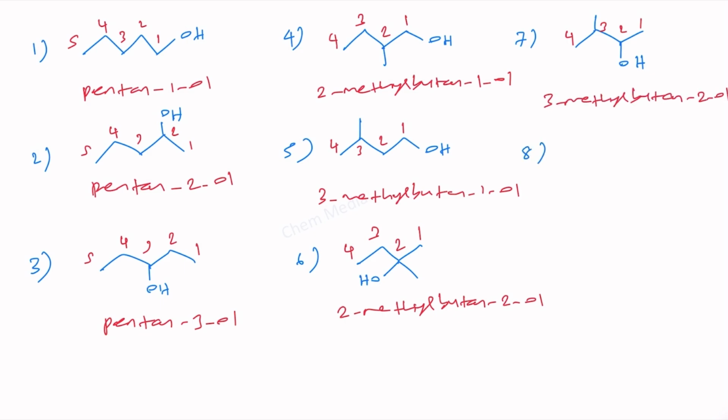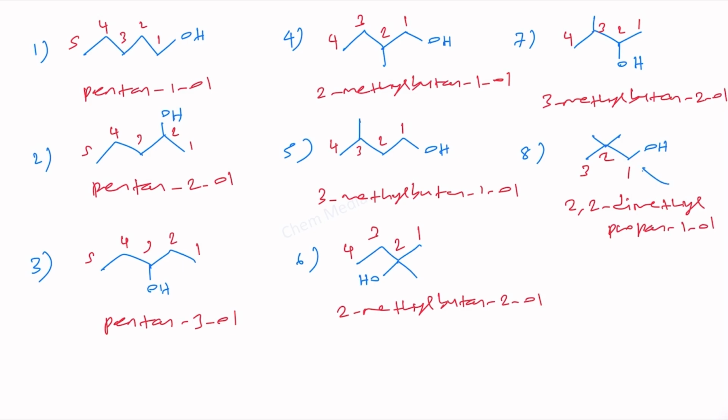And then number 8, we are exhausted with the butane chain, and now we are going to the propane chain. 1, 2, 3, put both the methyl groups at 2 position and then the alcohol functional group. So this is 2,2-dimethyl propane 1-ol.